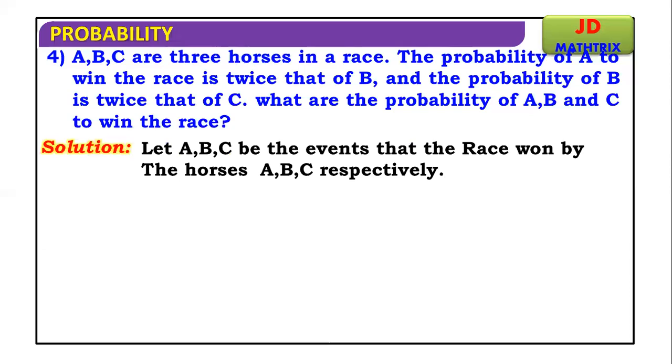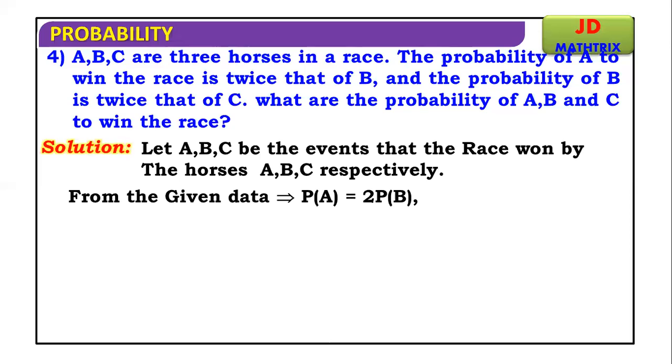Events A, B, C are mutually exclusive because no 2 horses will win the race; they have different probabilities of winning. They don't have equal probability to win the race. Only one of A or B or C wins, but not both, or not all 3 at a time. So the events A, B, C are mutually exclusive.